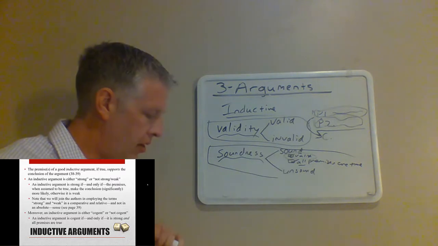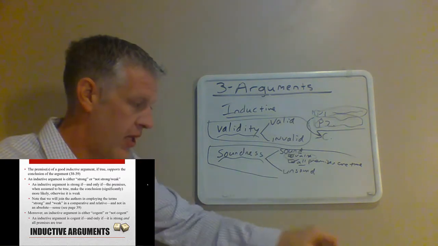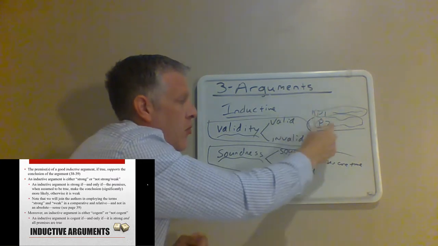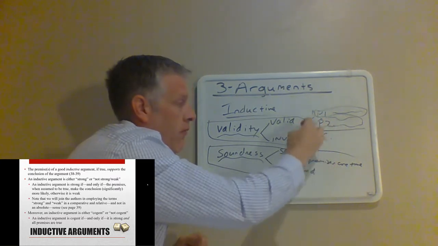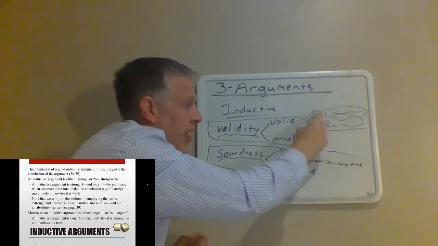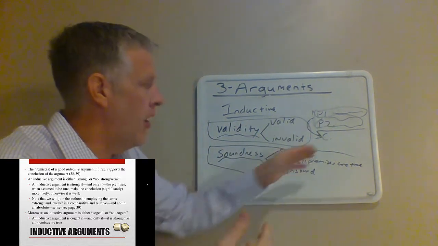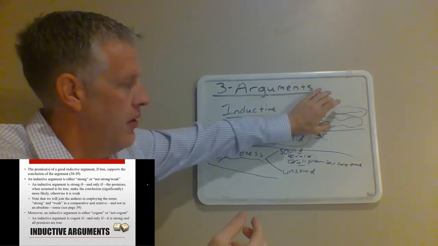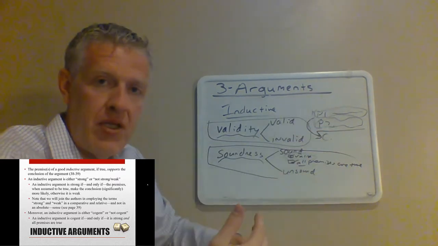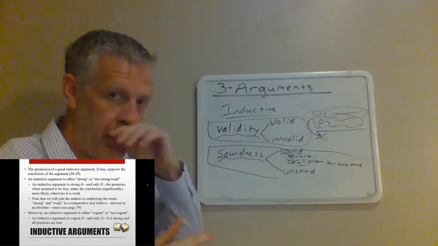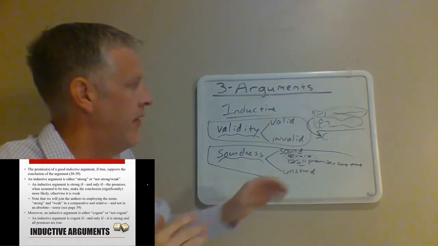Okay. So now inductive arguments, the idea here is that it's supporting that conclusion. A good inductive argument is going to make these premises support the conclusion, make it much more likely the case. That's the idea behind a good inductive argument: whatever you're stating as reasons make the conclusion much more likely to be the case. But there's not that element of necessity, as we've gone through with respect to the deductive arguments.